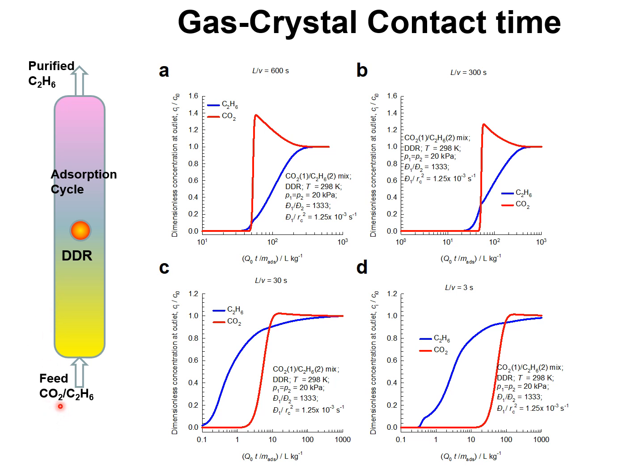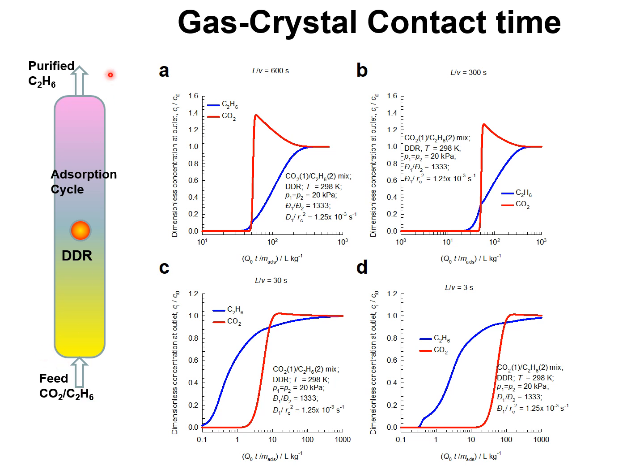For separations of CO2/C2H6 mixtures with DDR zeolite, I consider here a set of 4 simulations in which the particle size is held constant and the chosen particle size yields a diffusional time constant of 1.25 times 10⁻³ per second. The ratio of the diffusivity of CO2 to C2H6 is 1333.